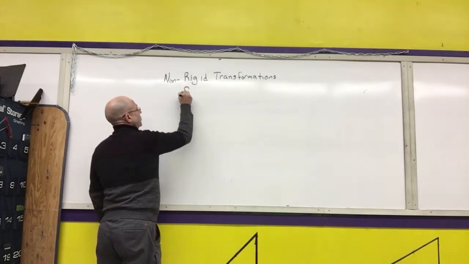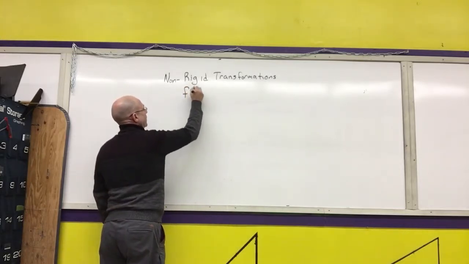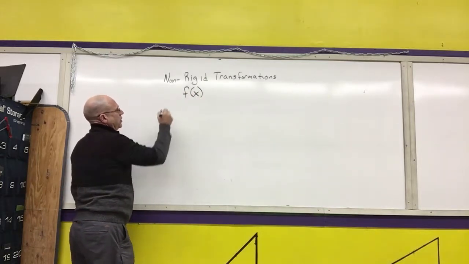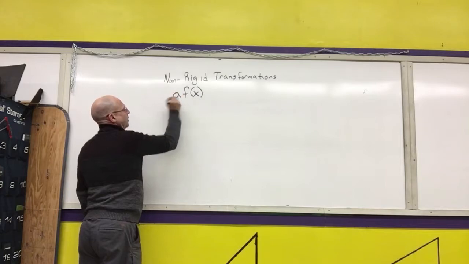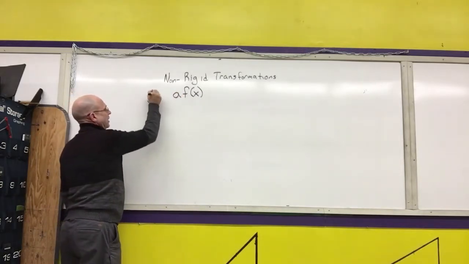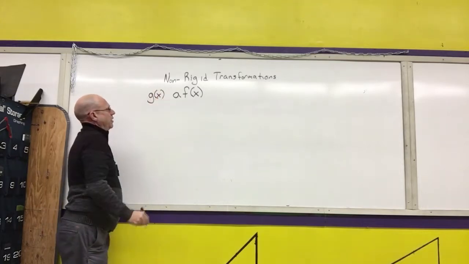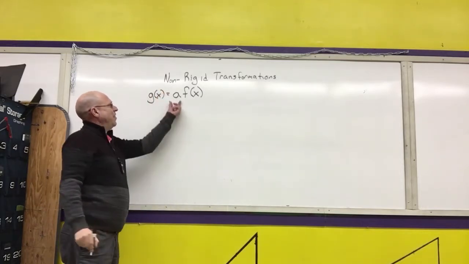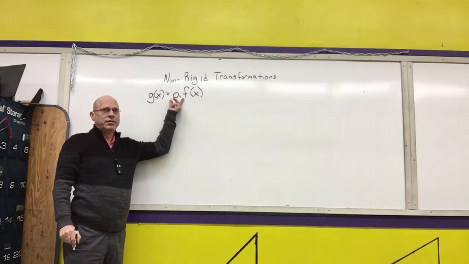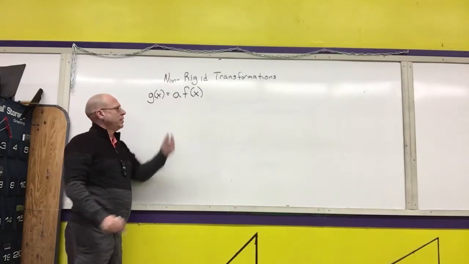So if I have a function f of x, in order to get a non-rigid transformation, you are going to multiply that function by a number, and that is going to give you g of x. And that number is going to define what actually happens to the graph of the function.